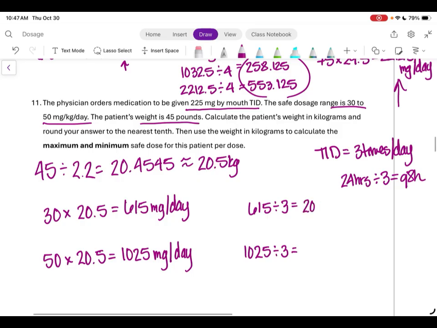So I get 205 here. And then 341.666, right? It keeps going. So we'll just call it 341.7. Okay. And so those are your maximums and minimums, milligrams per dose for this patient based on their weight.